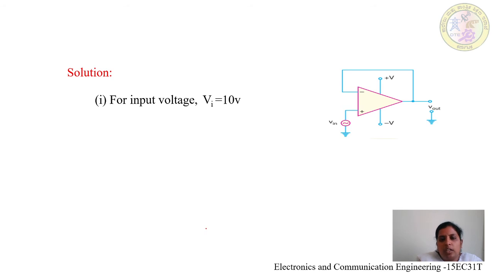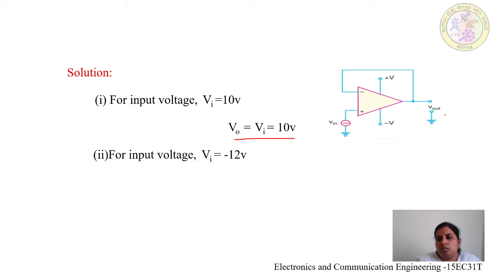For the input voltage Vi equal to 10 volt, the output voltage is also 10 volt. Here what is given is a voltage follower, so whatever the input is, the output is also the same. So next, for the input voltage minus 12 volt, the output will be the same. The output voltage is also minus 12 volt.